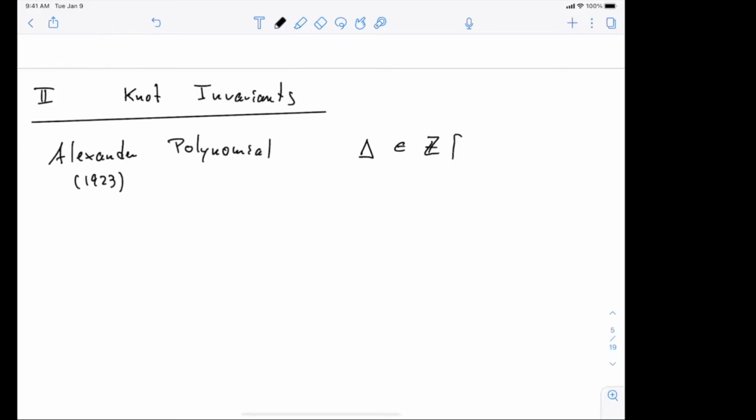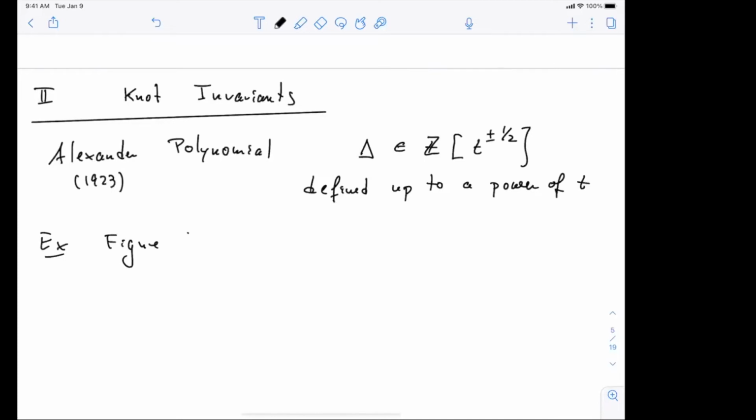It's a polynomial in t to the plus minus 1/2, and it's defined up to a power of t. In our running example, this polynomial is 1 minus 3t plus t squared.